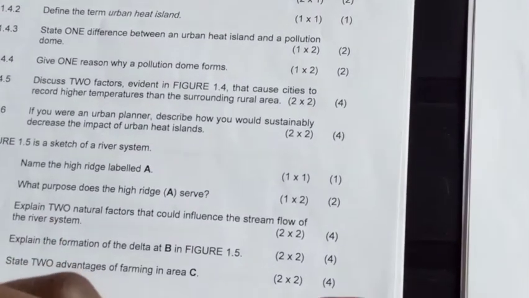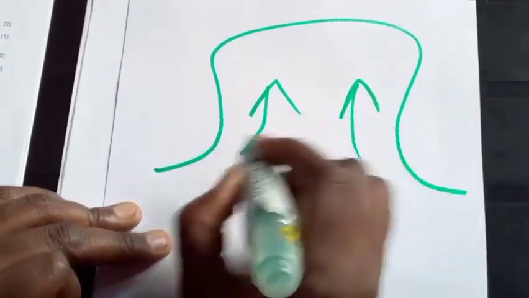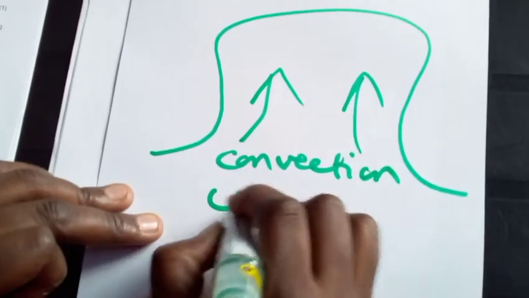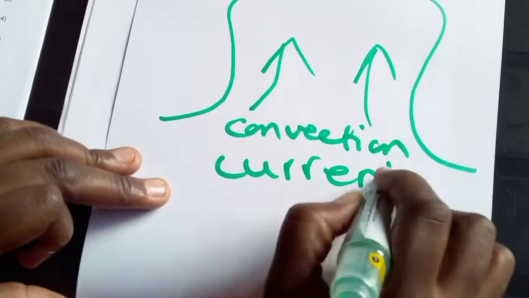And usually, as a result of convection, the urban heat tends to extend vertically throughout the day. What I'm saying is the urban heat island extends vertically because of convection currents and continuous heating.